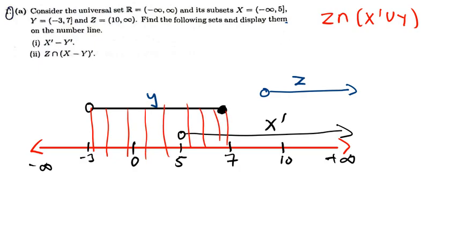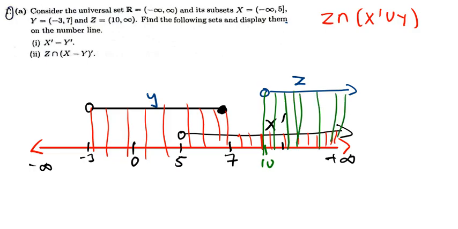Now, where I have shaded red, where it intersected with what? Z. So I can clearly see that it's this point. This was starting from 10, remember, so we can put 10 here straight up. That's 10. That's where they intersect.